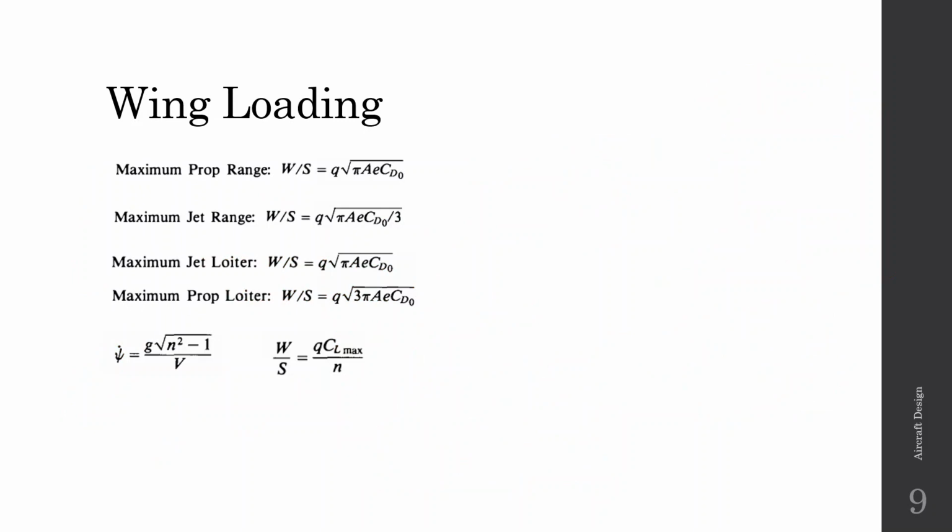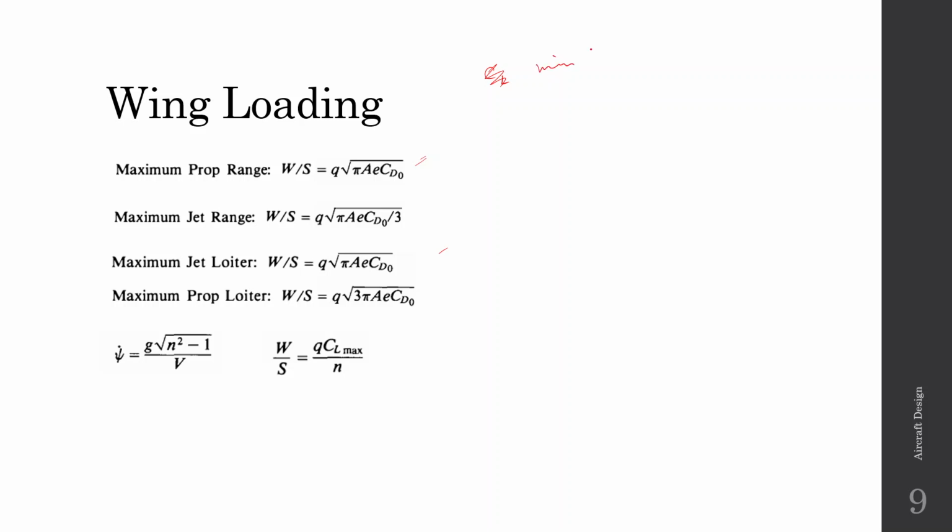Similarly, for the cruise phase, if you want to maximize range or if you want to maximize the endurance, you have to fly at a specific CL. Like to maximize range, you have to fly it at, no sorry, to minimize the thrust requirement.